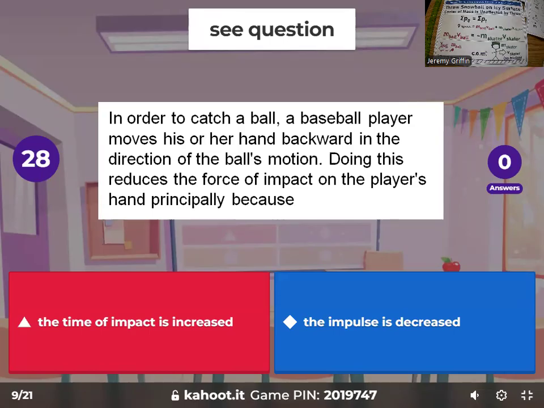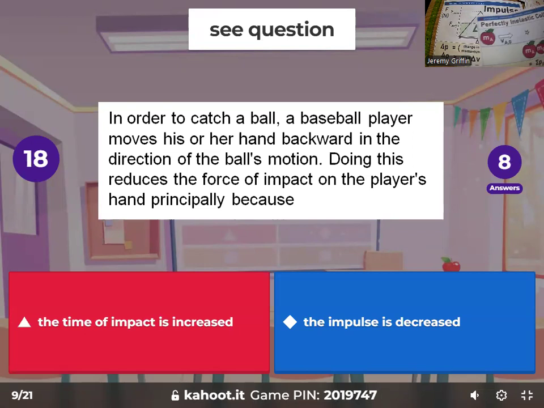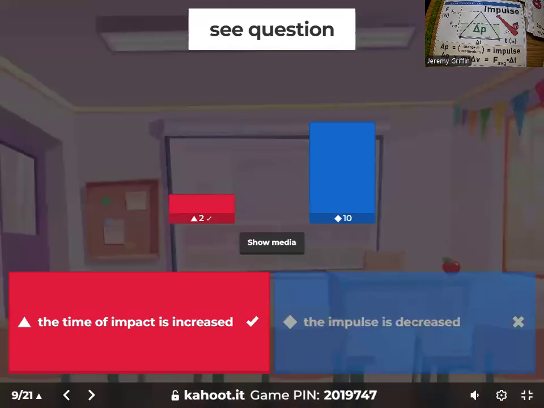In order to catch a ball, a baseball player moves his hand backward in the direction of the ball's motion. Doing this reduces the force of impact on the hand because you're extending the time interval of that collision, right?